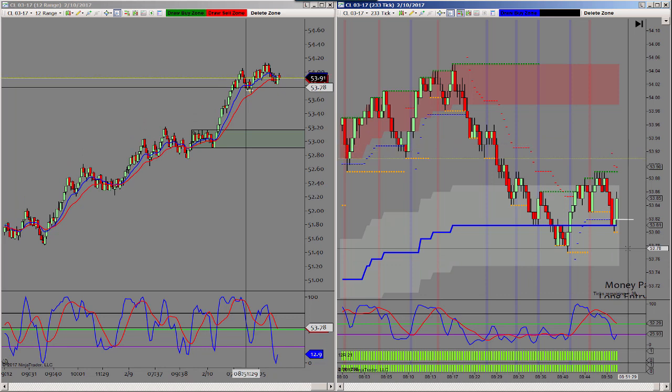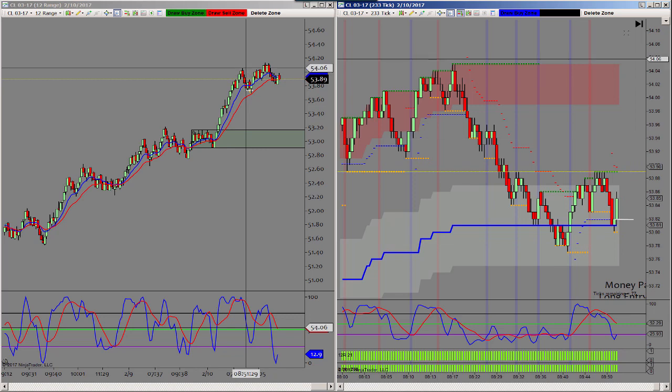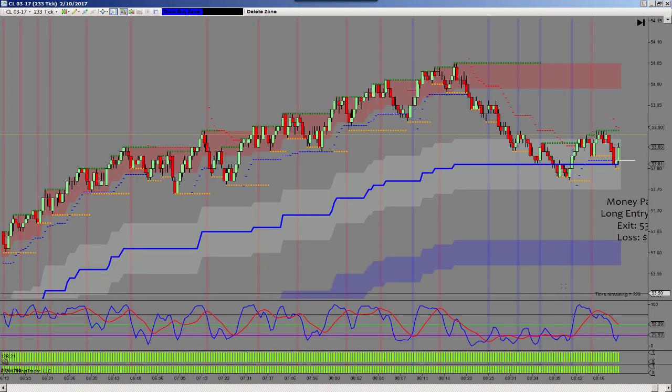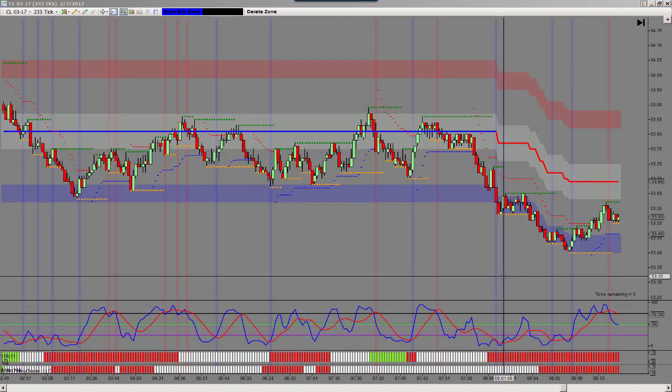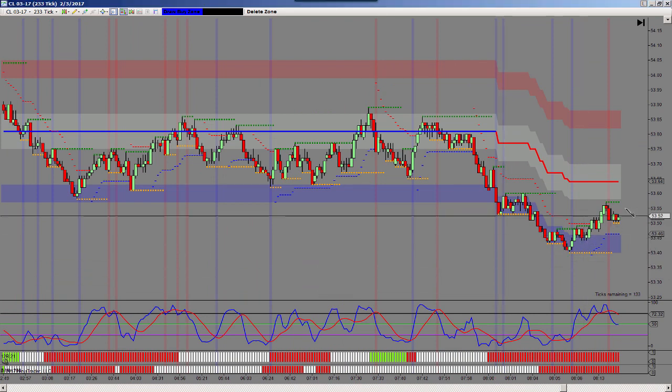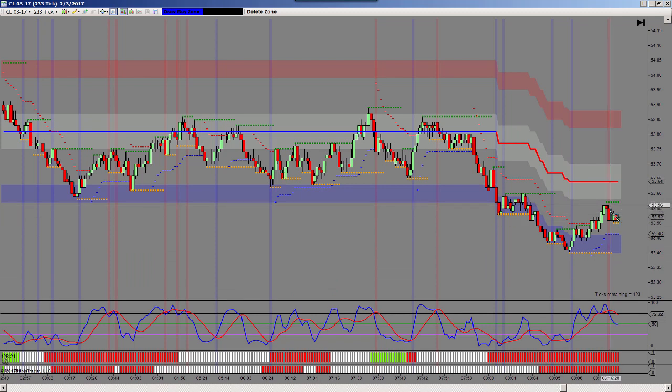Another thing that I don't do is there are trades that I call an aggressive money pattern. Let me find one for you. I'm going to pause the video till I find one. One second. Okay, here's a money pattern. I call this an aggressive money pattern. Why? Because here is where it sets up. Here's my PPT bar.